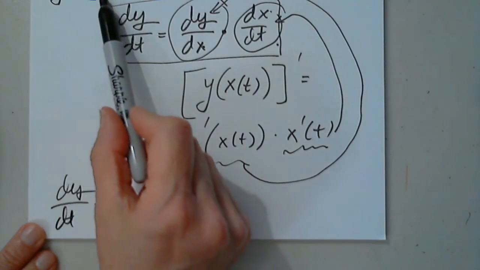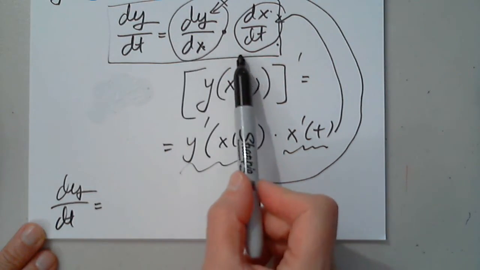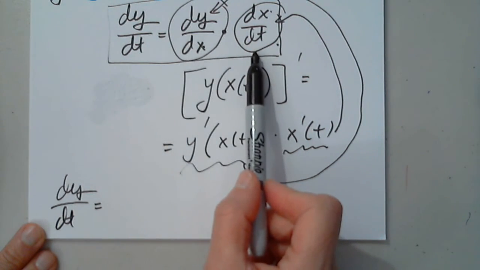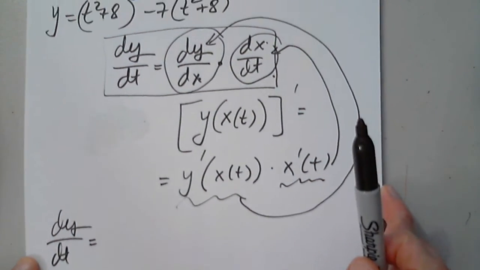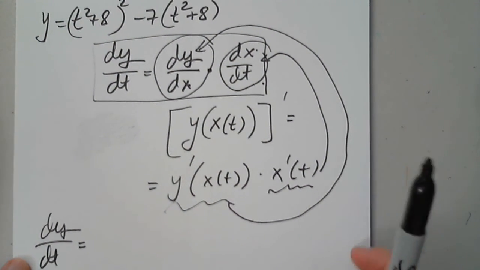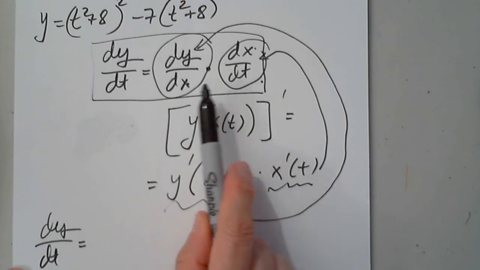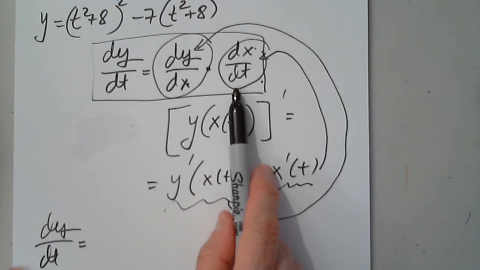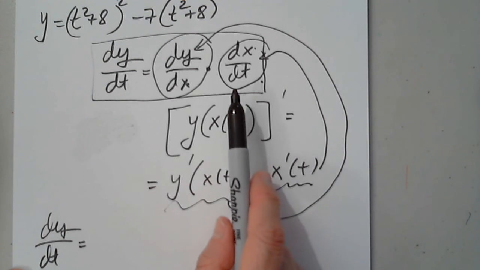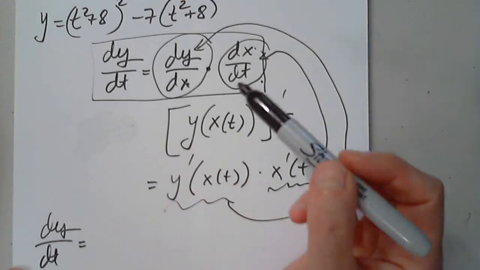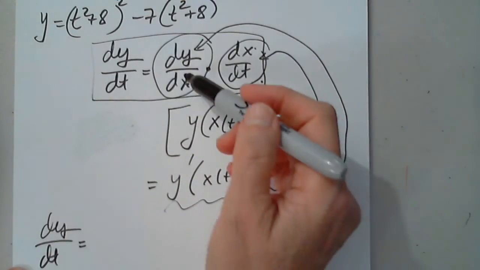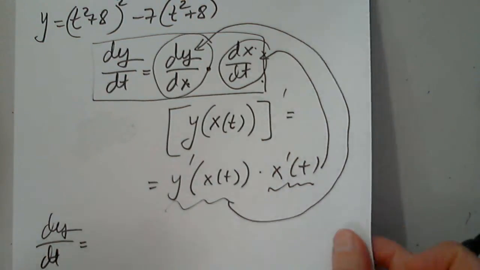You prefer to differentiate this, or you prefer to differentiate in 2 steps? You tell me and I will do exactly what you want me to do. 2 steps? Is that what you said? Yeah. Okay. So first, then I have to find dy over dx first. I'll come back to this.